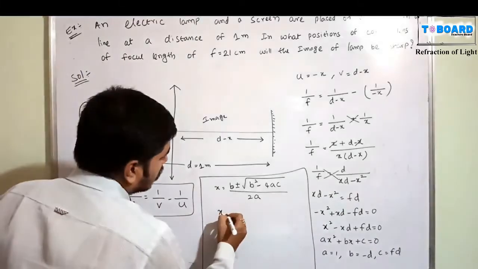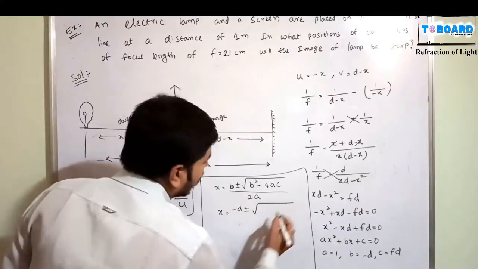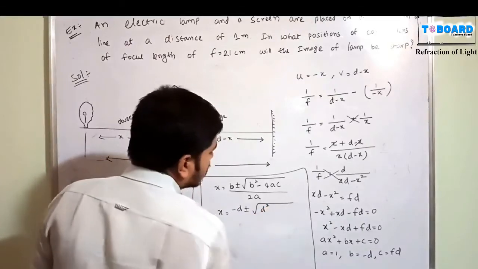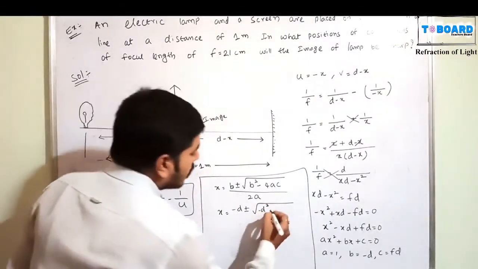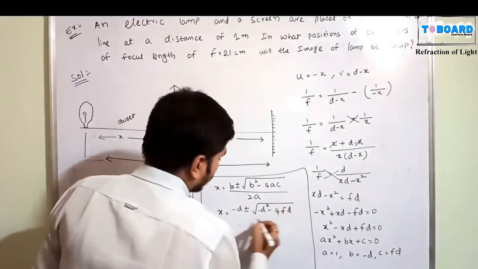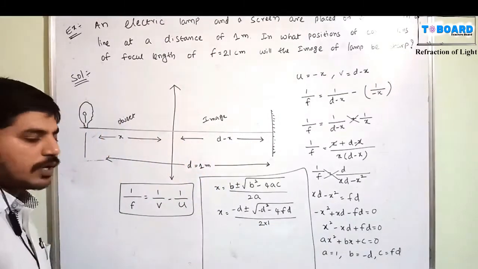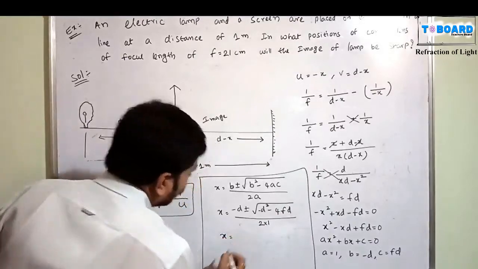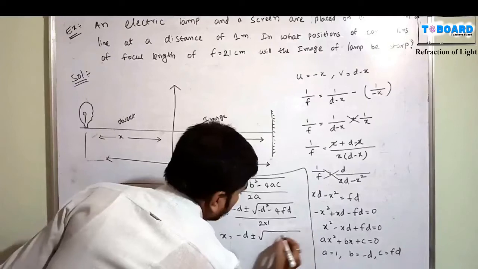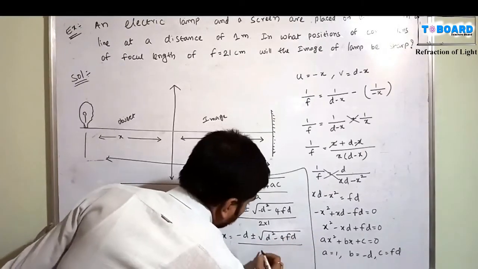Then x is equal to minus of minus d, so d, plus or minus under root of minus d whole square, which is d square, minus 4ac, where a is 1 and c is fd, so 4fd, divided by 2 into a, which is 1. So then x is equal to d plus or minus under root of d square minus 4fd, by 2.